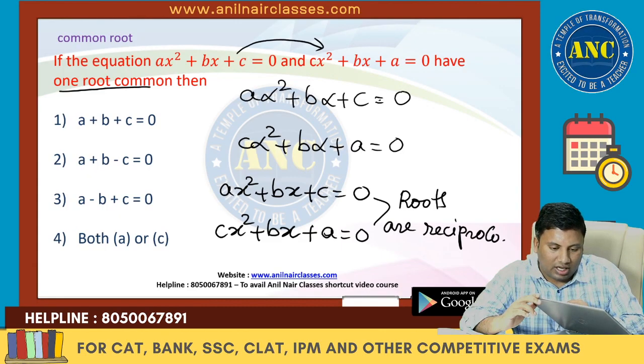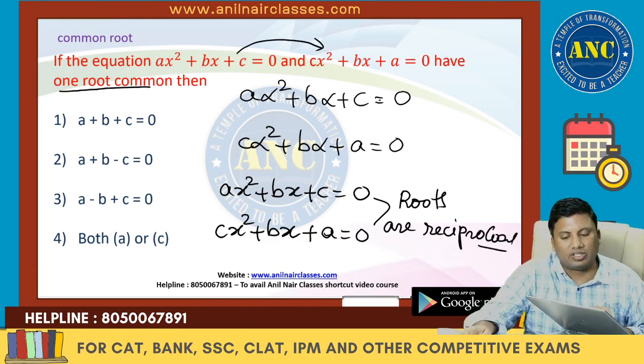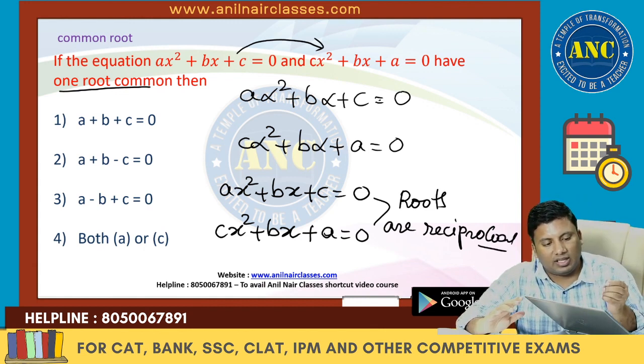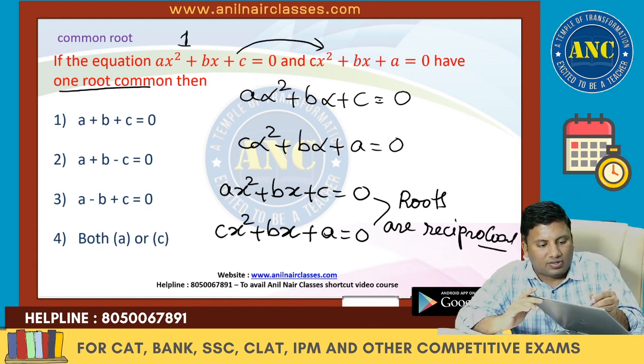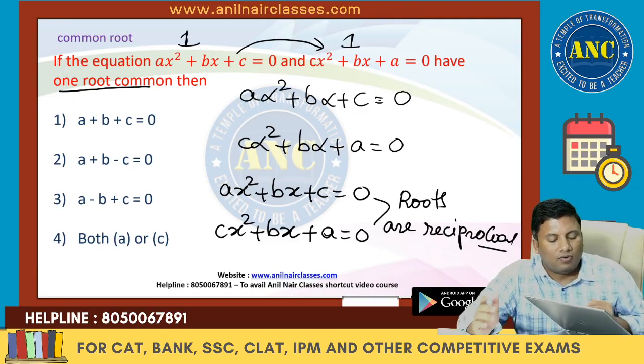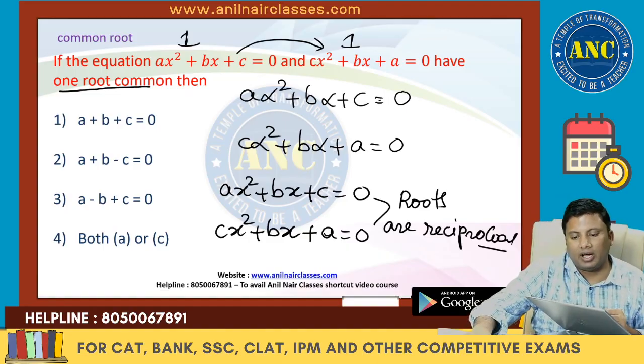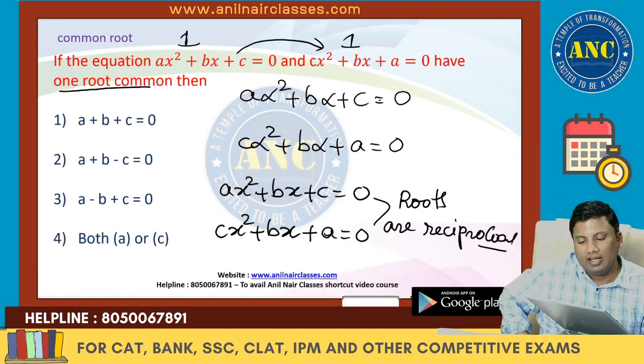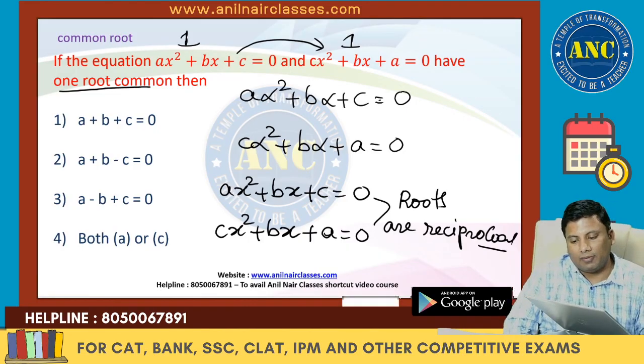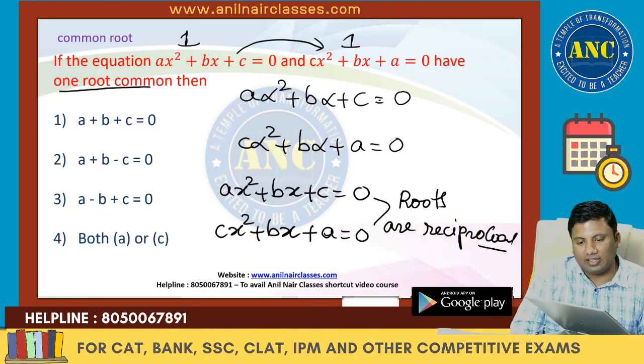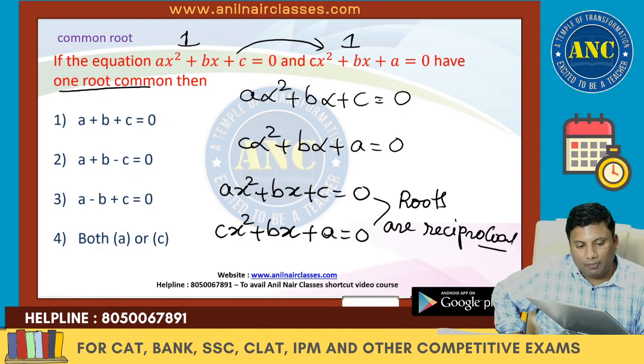If one root is common, suppose if it is 1, this is also 1. I hope the idea is clear, right?